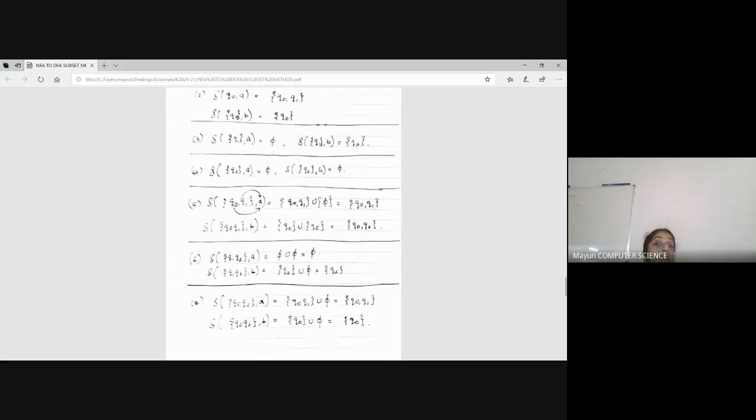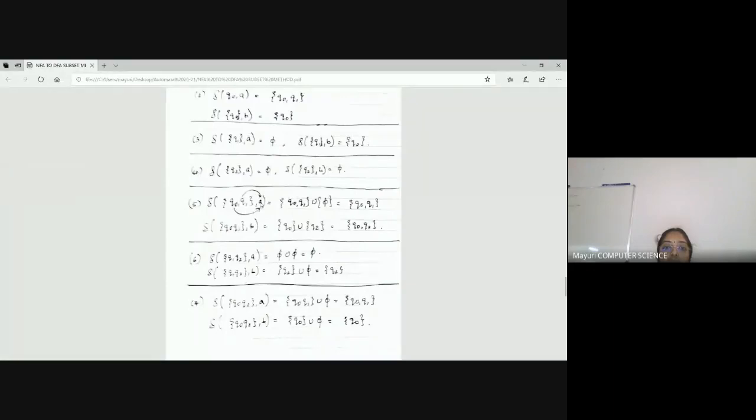Here onwards, you have states of length 2. Q0, Q1, right? If I give input A, how do you write the transition function for this? First, you apply Q0 on A. Next, you apply Q1 on A. Then you take the union.